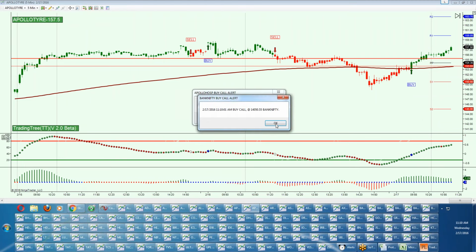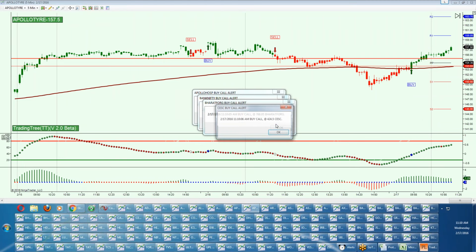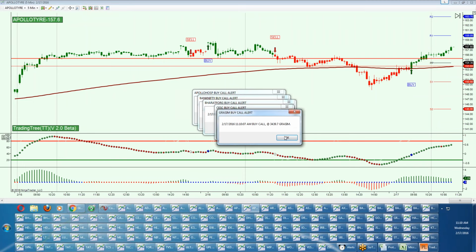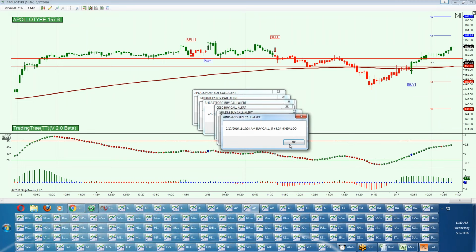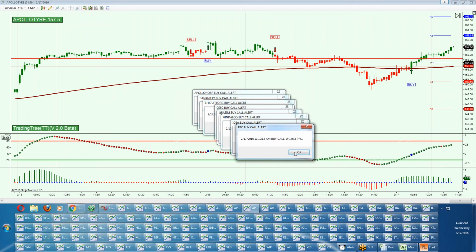We have a buy in Bank Nifty, Apollo Hospital, Bharat Forge, Grasim, Hindalco, Idea, PFC.